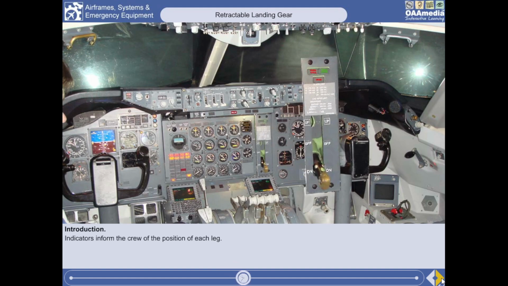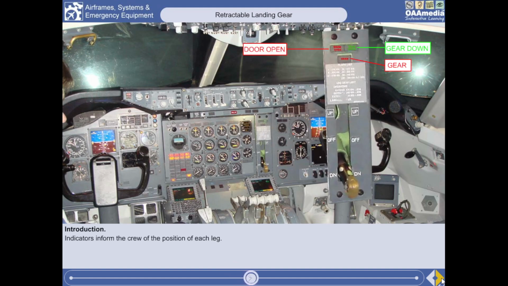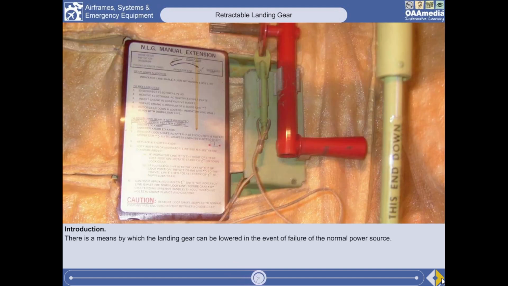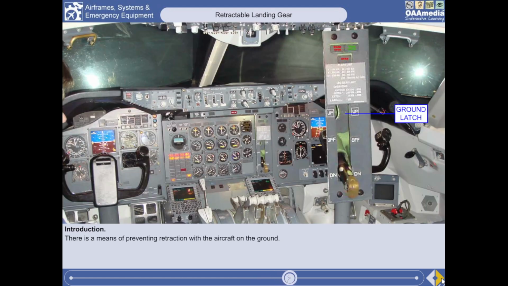It will have a means to indicate to the crew the position of each leg and a means by which the landing gear can be lowered in the event of the failure of the normal power system. In addition, a system is provided to prevent retraction with the aircraft on the ground, and warning devices are fitted to help guard against landing when the gear is retracted.